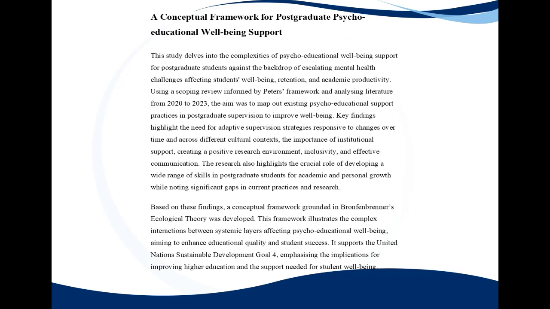In one aspect, we used Bronfenbrenner's ecological theory as a lens, but then we used our findings and put them within Bronfenbrenner's ecological theory to demonstrate and illustrate the complex interaction between the systemic layers affecting psychoeducational well-being.